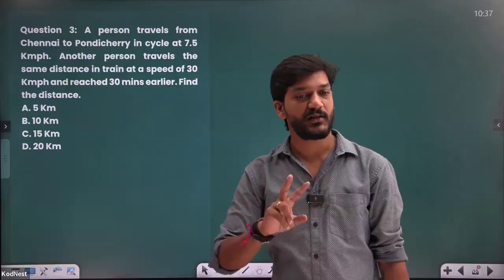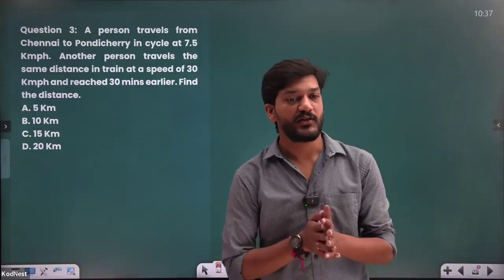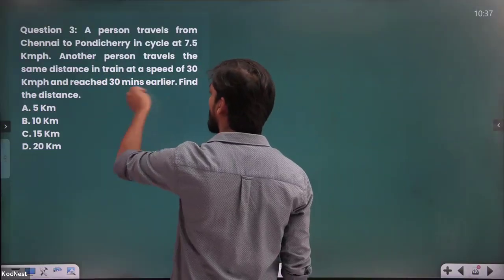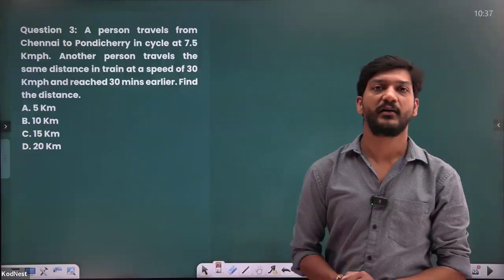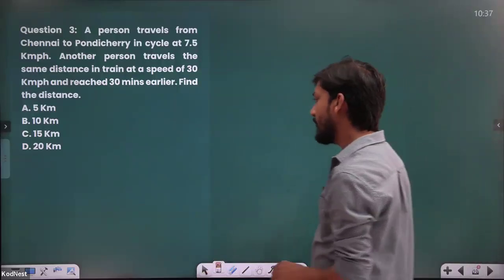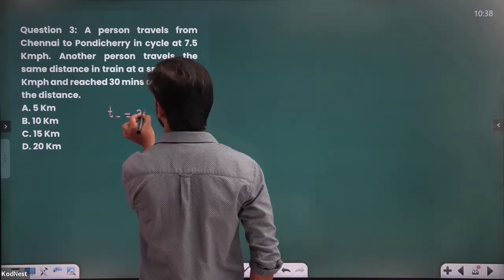So how much is the time difference? Obviously, one person is reaching 30 minutes earlier. That means 30 minutes is the time difference, right? So 30 minutes is the T minus value. Distance is obviously constant.